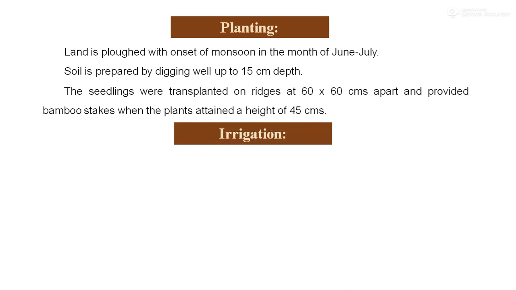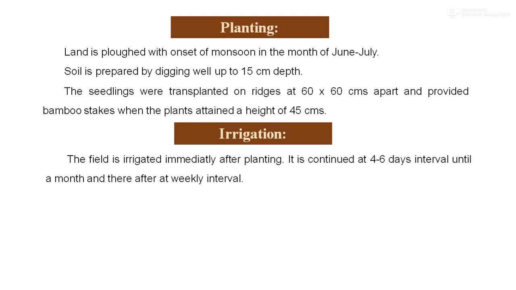Regarding the irrigation practice, the field is irrigated immediately after the planting and it is continued at a 4 to 6 day interval for a month and thereafter at a weekly interval, or the irrigation management should depend upon the climatic condition.